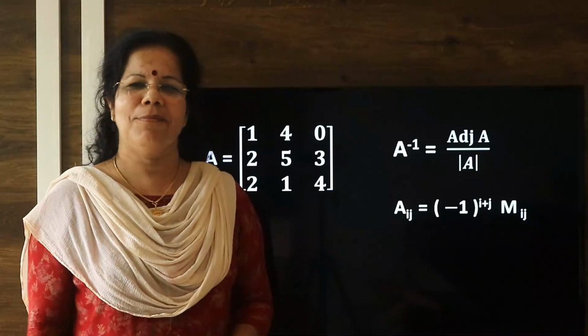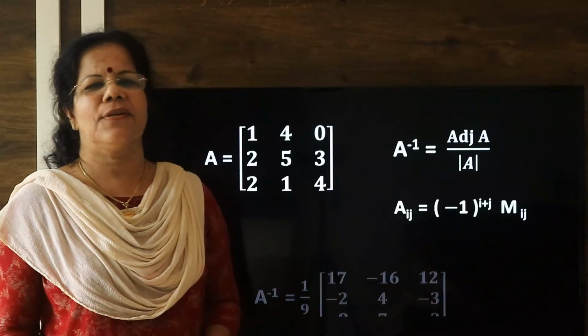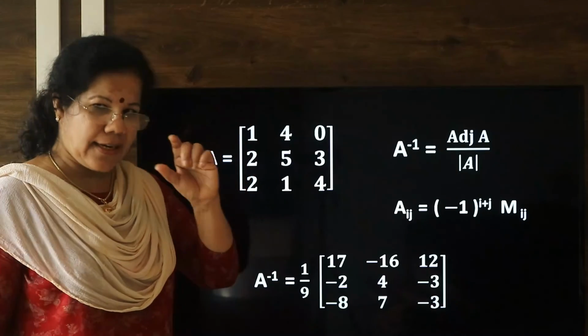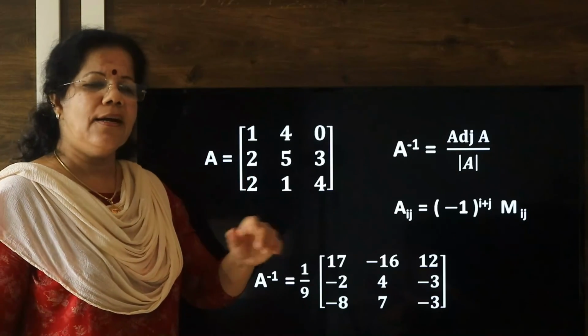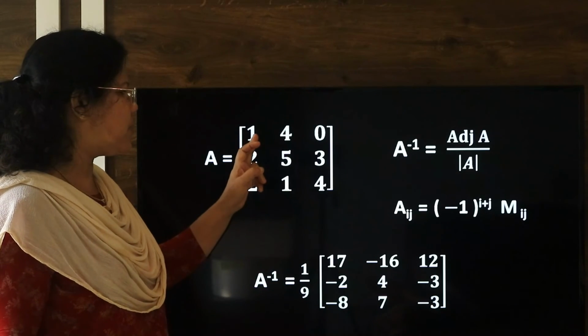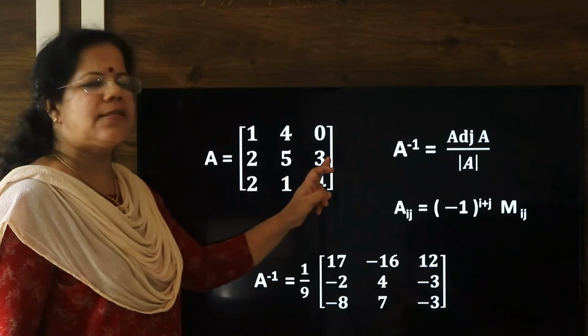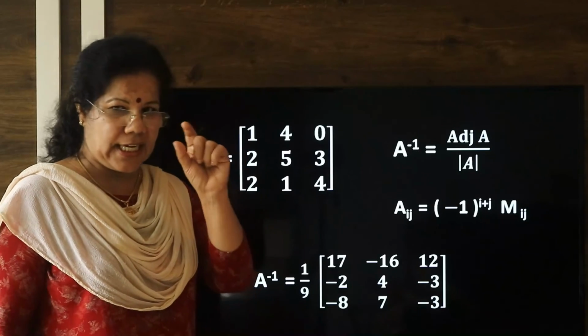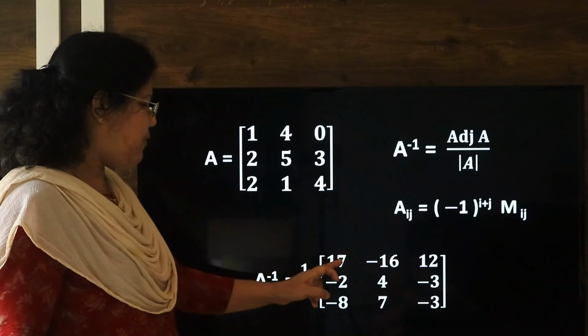You know how to calculate Mij. So directly we are going to calculate A inverse. For each one, we have to assign the sign for getting the cofactor, and at the same time we have to take the transpose also. So here, what is the cofactor of 1? It is 20 minus 3, 17, the same number, not negative 17. First A1,1, so it is 17.